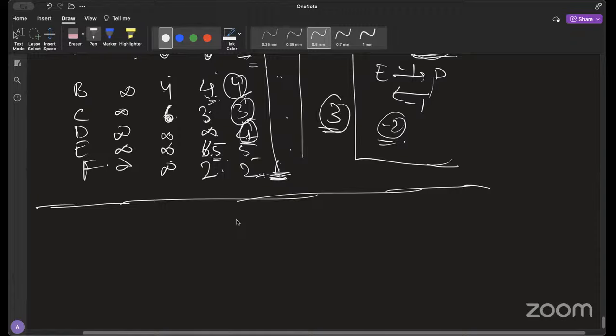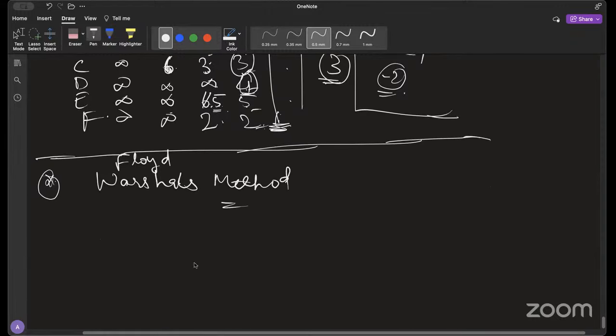And the last thing that we have in this syllabus for week 10 is week 11, Floyd-Warshall's method. In this method, what you do is, let's just take an example, start with an example only.